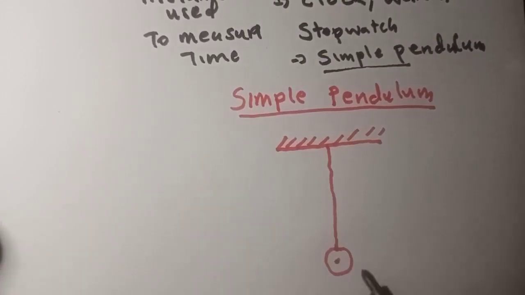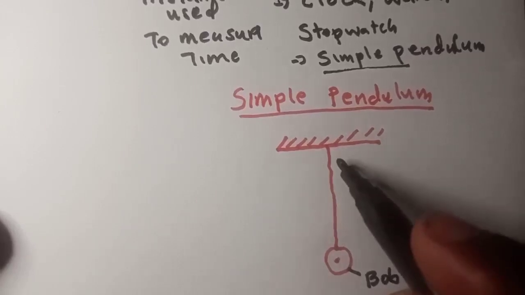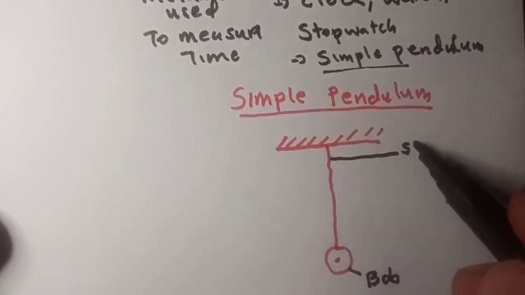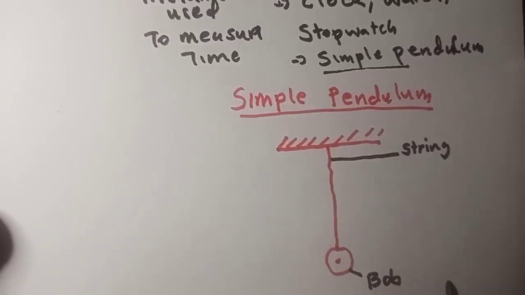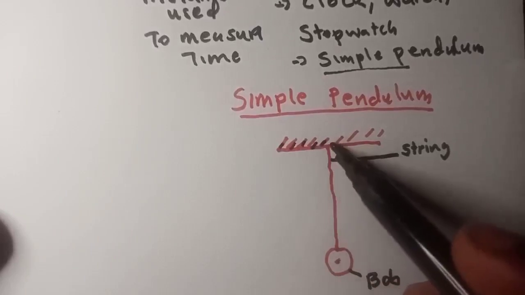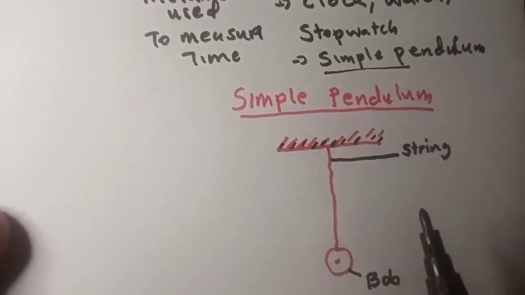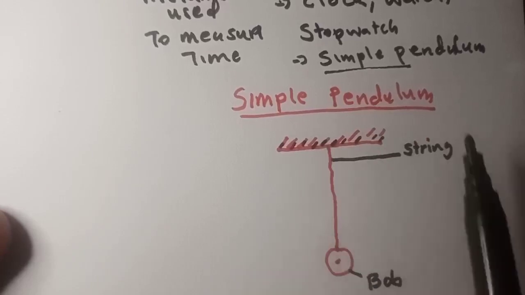We call this a bob. This is just a string, and it is hung somewhere, it could be a wall or something. So this is the diagram of a simple pendulum.